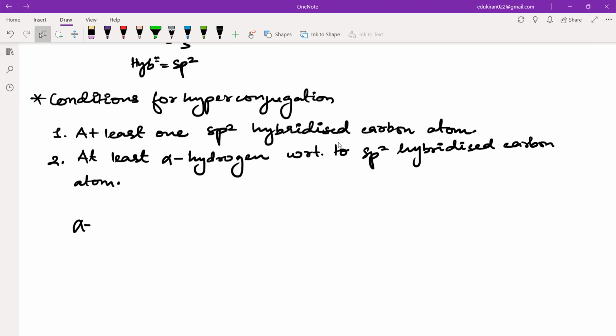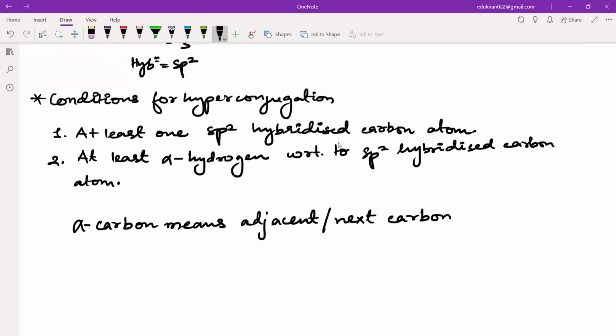Alpha carbon means the next carbon, and the hydrogens attached to it are called alpha hydrogens. So write the condition down, then I will ask you about the alpha carbon and alpha hydrogen.